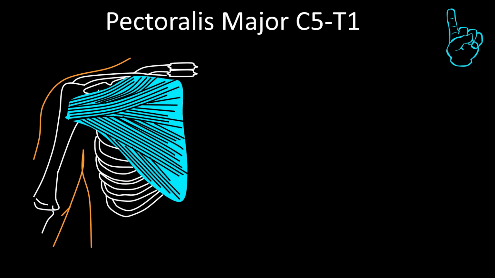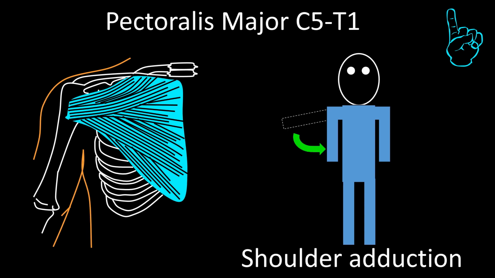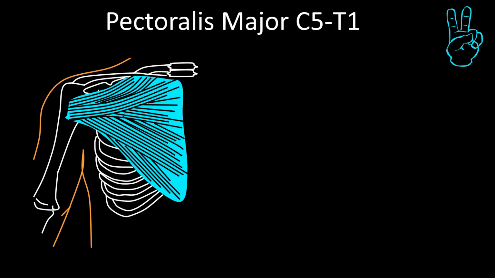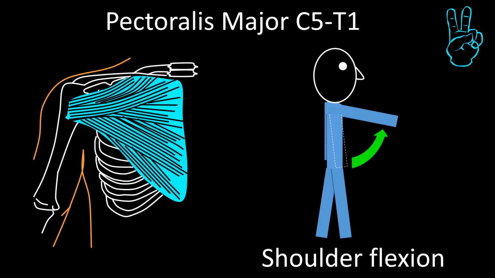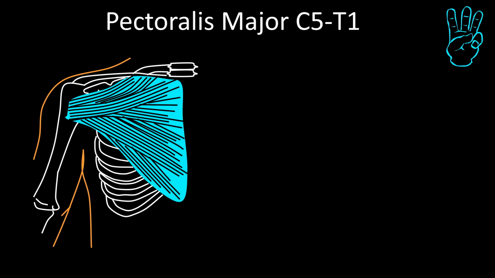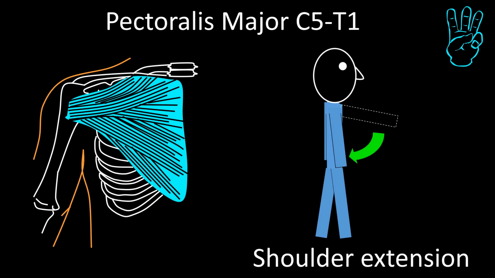The first action, from shoulder abduction, is shoulder adduction. The second action, from the arm by the side in neutral position, is shoulder flexion. The third action, from the arm flexed, is shoulder extension.